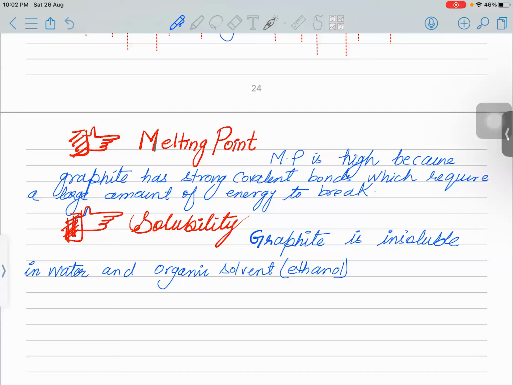So you know what an allotrope is, right? This is, I think, enough.